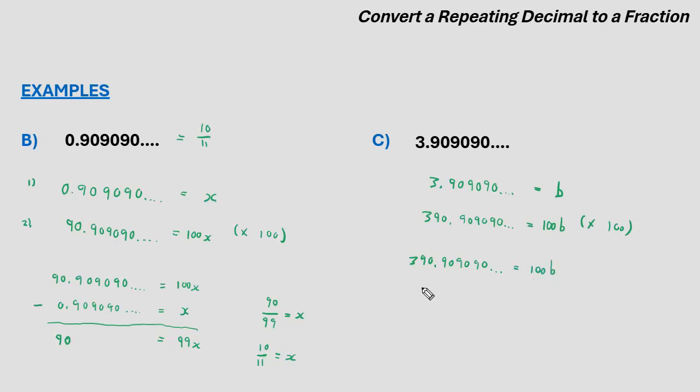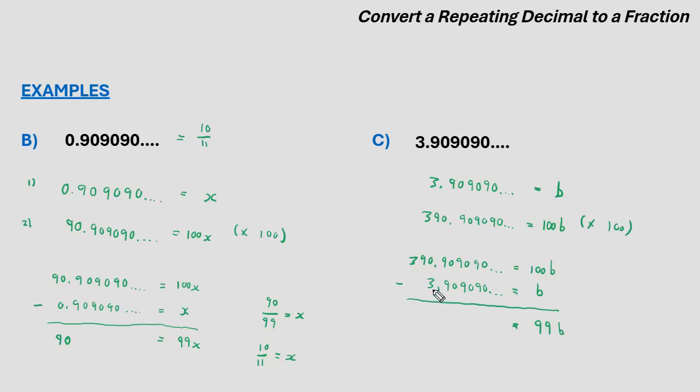Let's see what we get. So 100b minus b, so it's 99b.